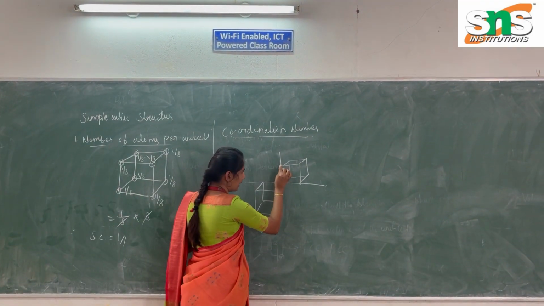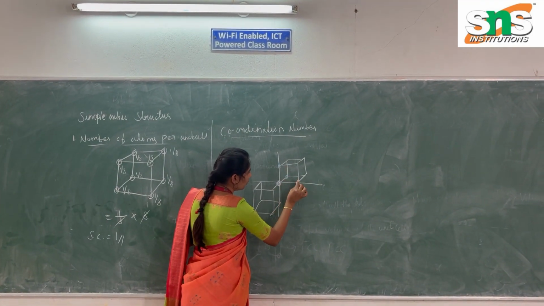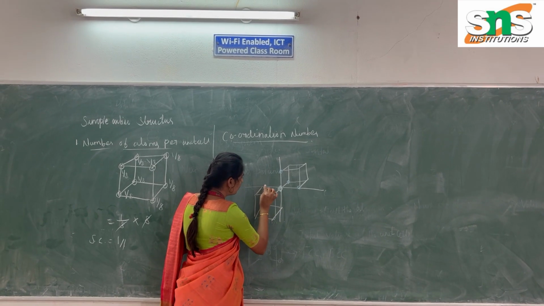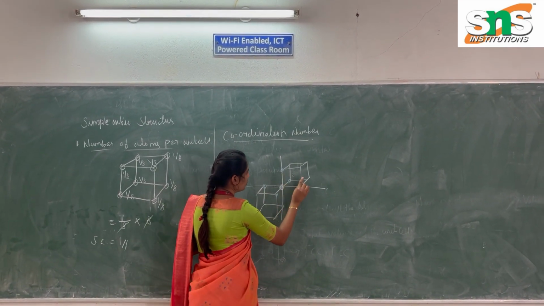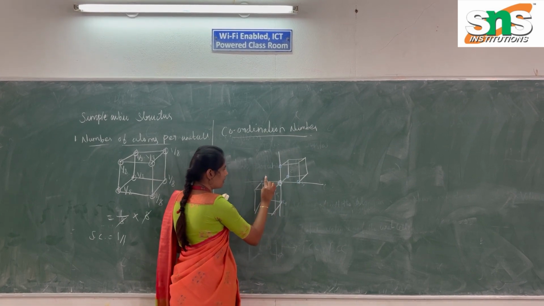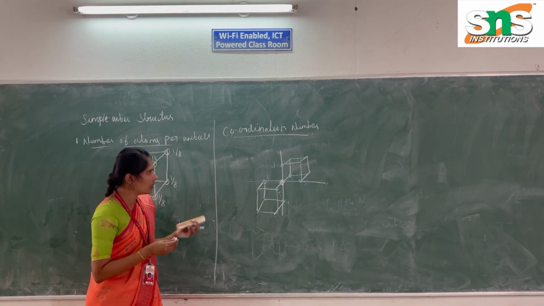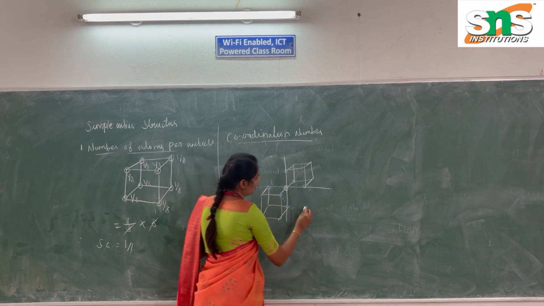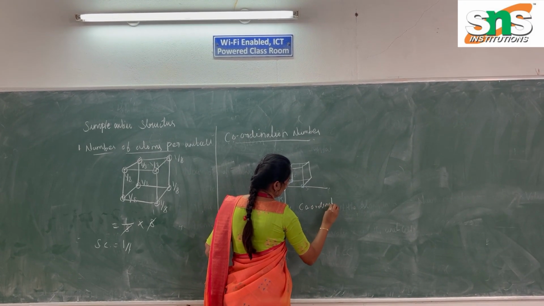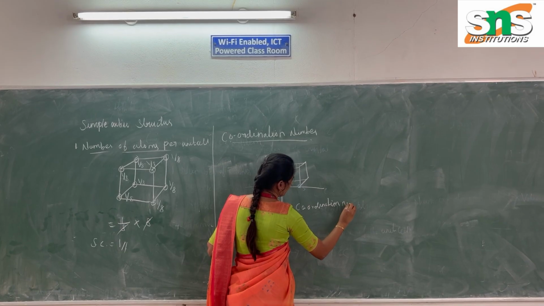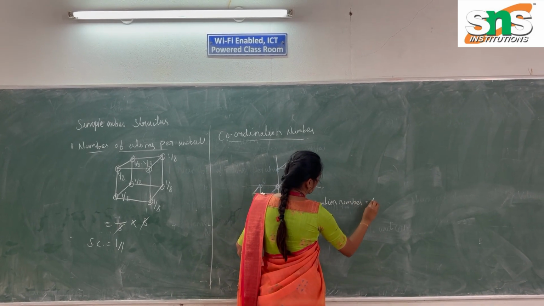Consider this atom, the nearest neighboring atoms: 1, 2, 3, and then 1, 2, 3. So the total number of nearest neighboring atoms is 1, 2, 3, 4, 5, and then 6. So the coordination number of this simple cubic system is 6.